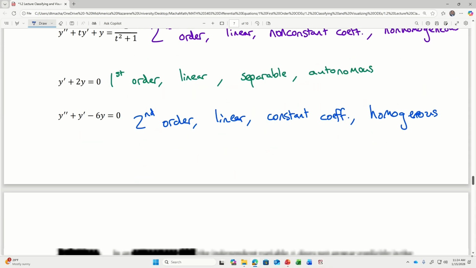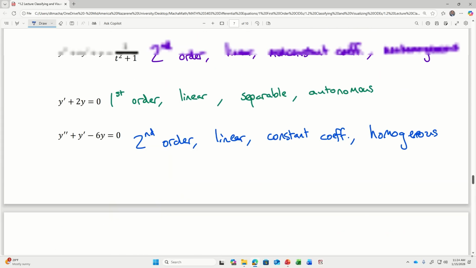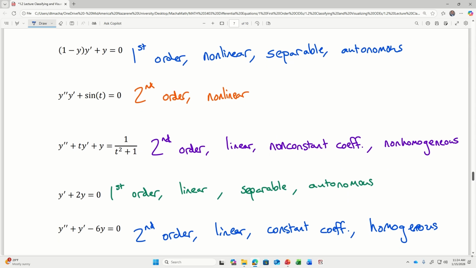Can we talk about the constant versus non-constant coefficients again? Yeah, that one's tricky. Like this one, since there is a t, it's a variable, right? We've got an independent variable t multiplying my y prime, so that's a non-constant coefficient. Over here, I just have minus 6 multiplying the y, but minus 6 is a constant.